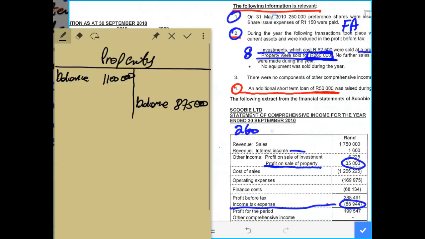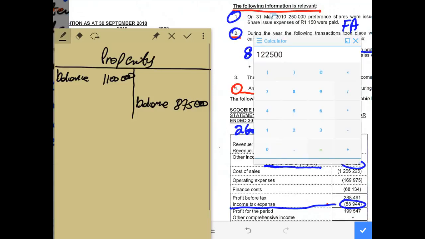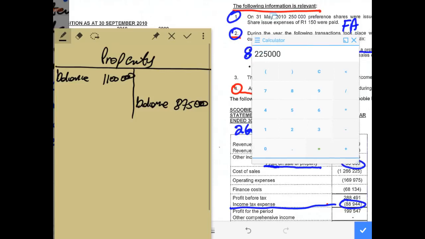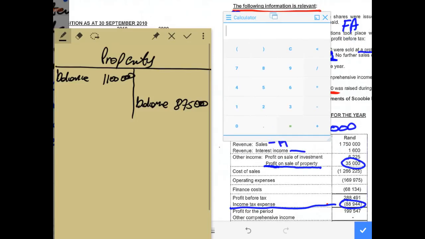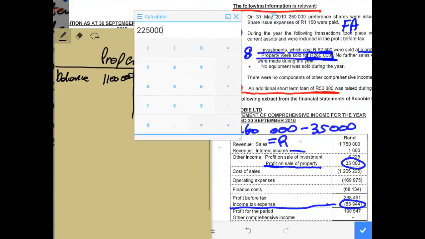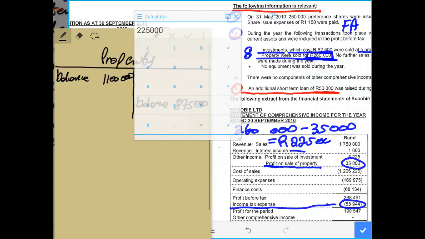Meaning, if you take 260,000, which is the selling price, minus 35,000, which is the profit, this will give us the value of the property on the day it was sold. 260,000 rands minus 35,000 rands gives us 225,000 rands. That means the value of this property when it was sold was 225,000 rands. But it was sold for 260,000. Therefore, a profit of 35,000 rands was made.